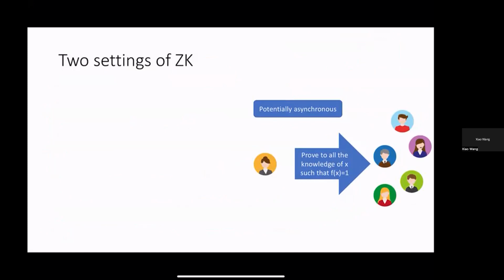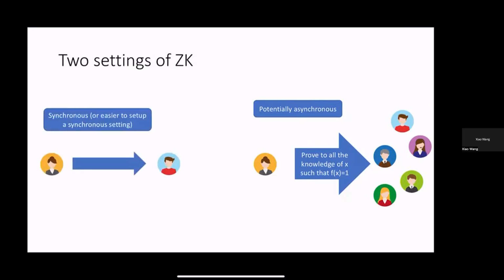The prover computes the proof and then goes offline, and the other parties verify it. For example, in most applications in the blockchain space, this is how it is managed. But it's not always the case.